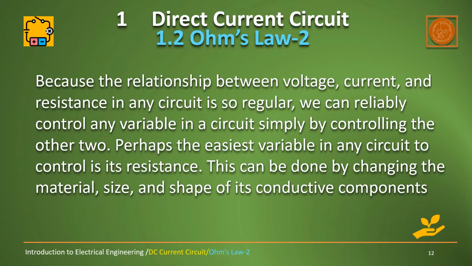Perhaps the easiest variable in any circuit to control is its resistance. This can be done by changing the material, size, and shape of its conductive components.